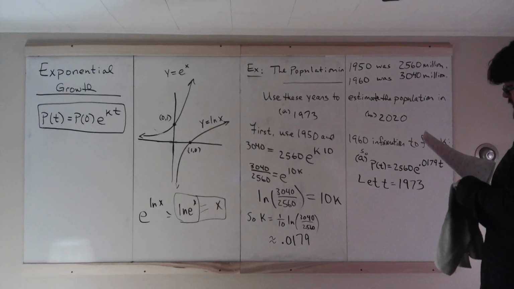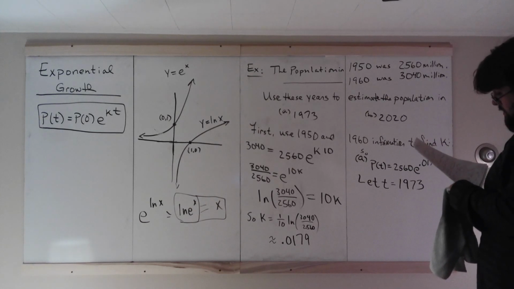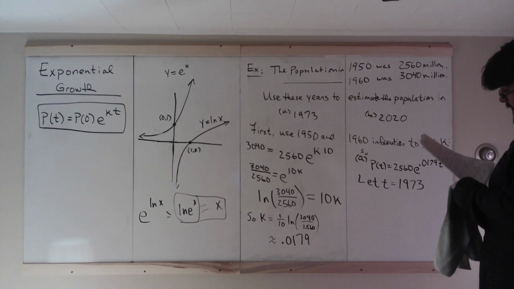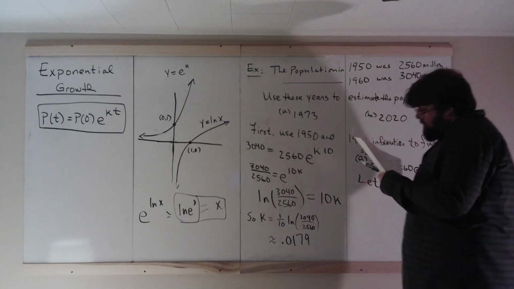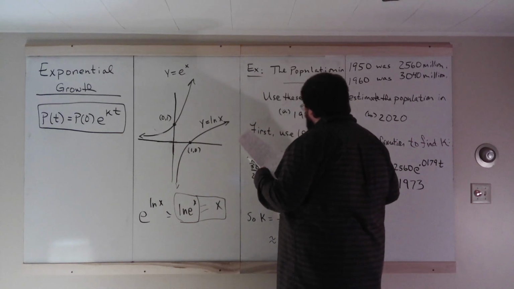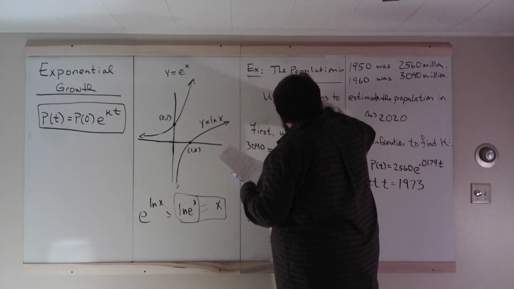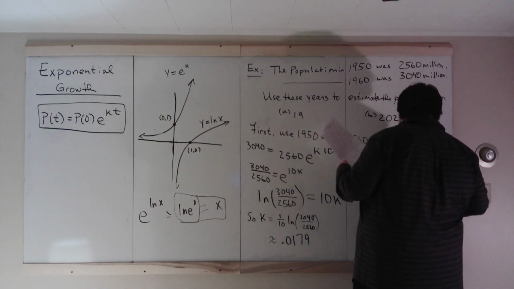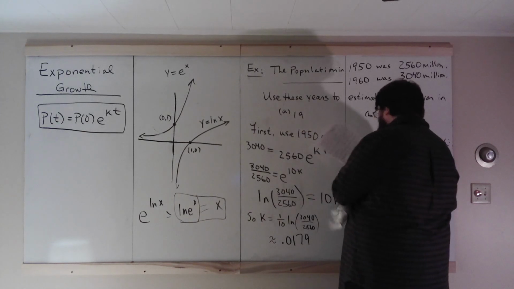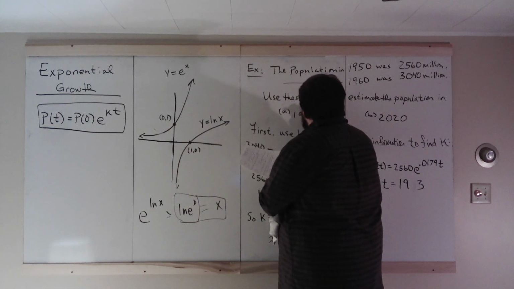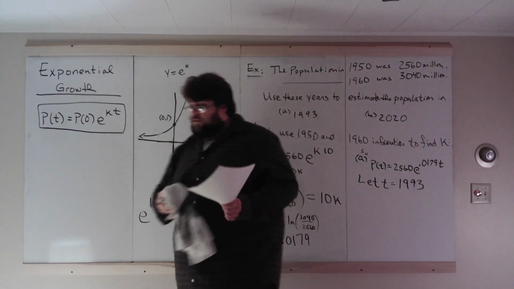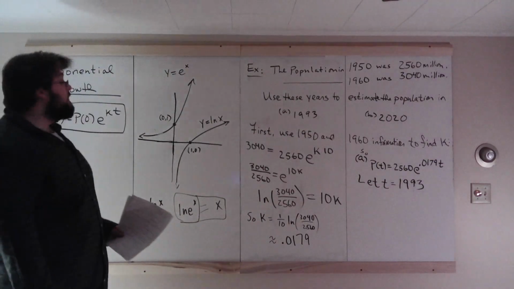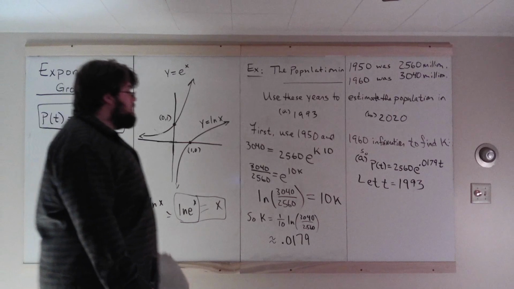Oh, I shouldn't have written 73. I should have written 93. In my notes, I did 93. So I'm just going to change this to 93. And you get some number.